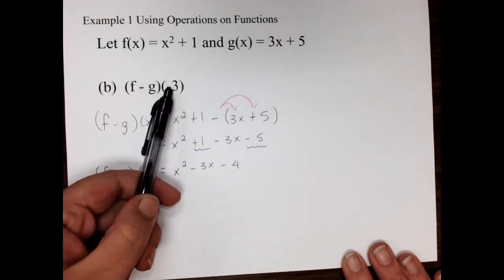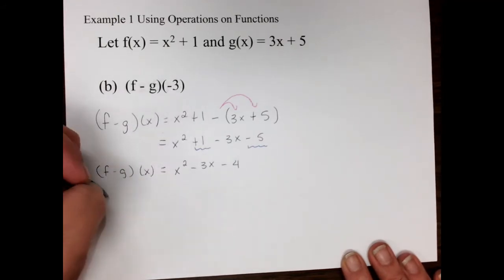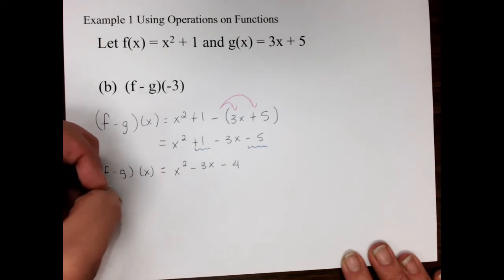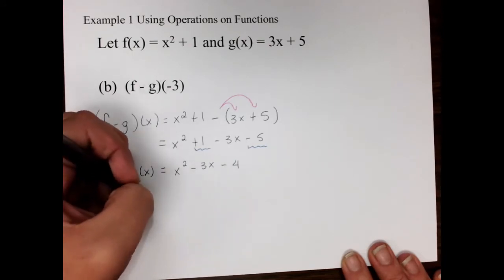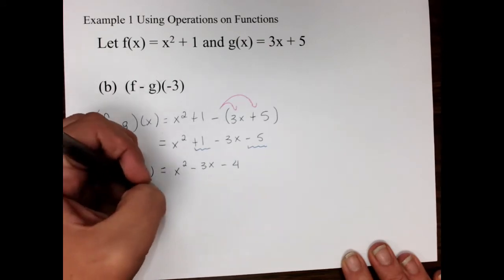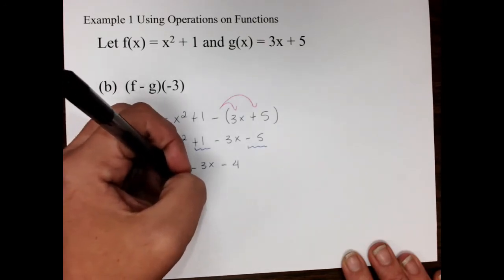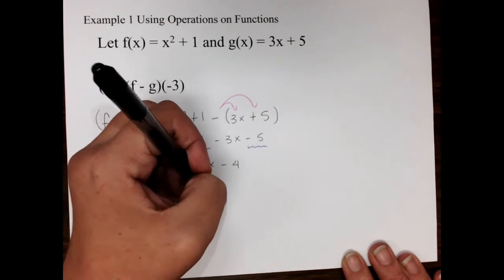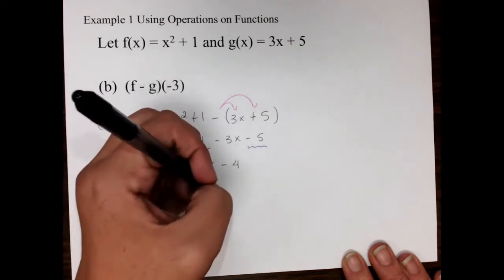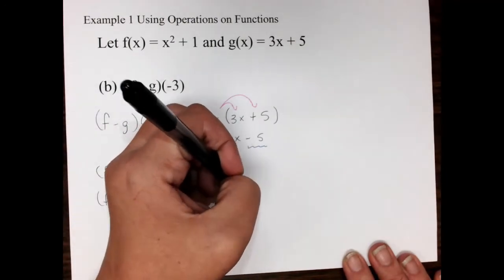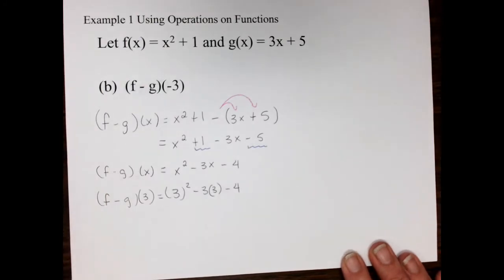And now I want to plug in negative 3 into this function. f minus g of negative 3. So anywhere there's an x, I'm going to plug in negative 3. I've got negative 3 and I'm going to square it. Minus 3 times negative 3. And then we still have a minus 4.